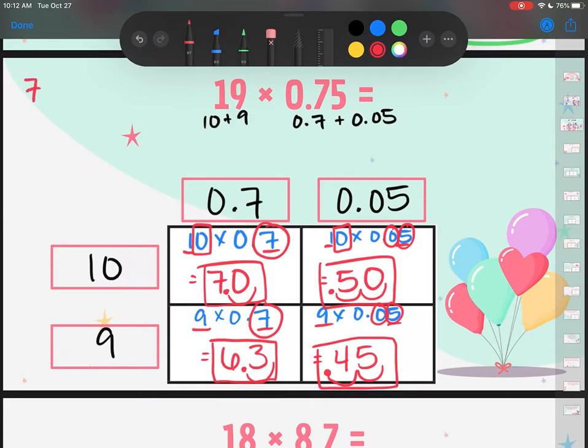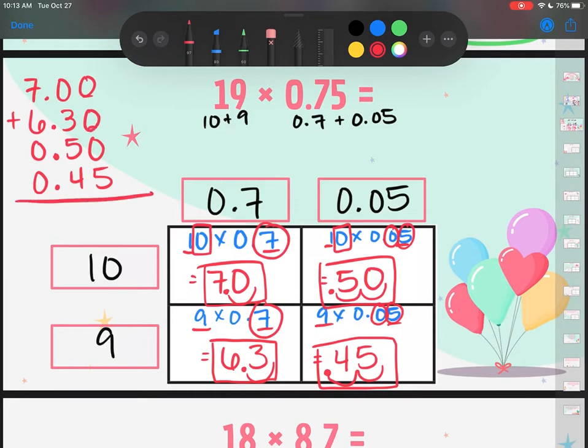So our next step is to add all of these numbers up. So I'm going to do 7.0. All these already have decimals, so we're good on that. Plus 6.3 plus 0.50 plus 0.45.